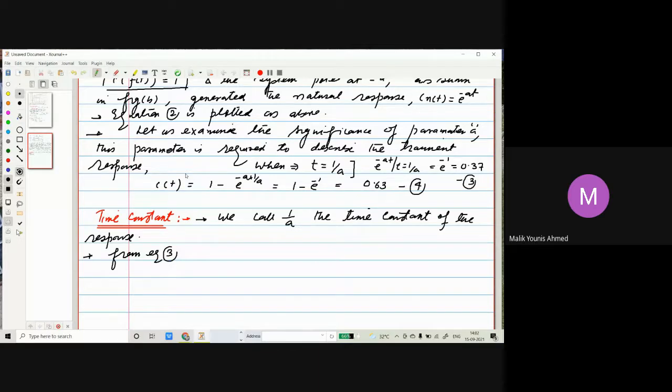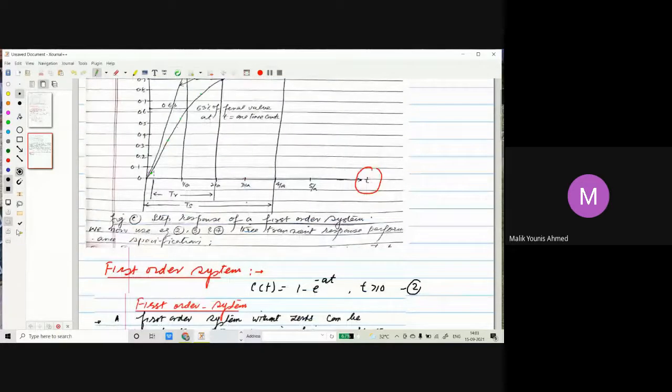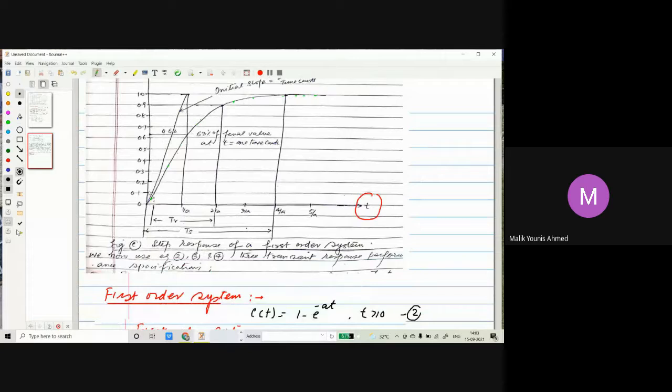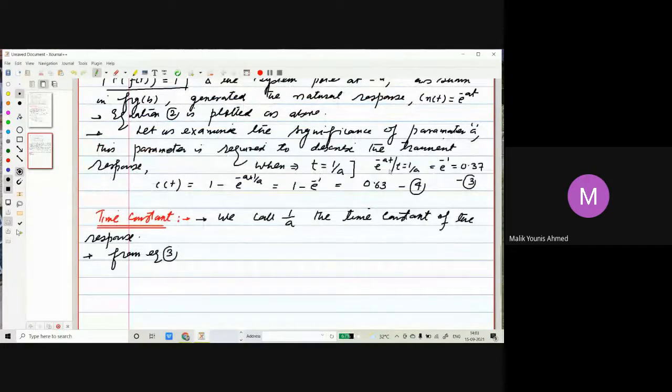The time constant can be described as the time for the response, e raised to the power minus At, to decay to 37% of the initial value. So this is the initial value. It will decay to 37% of the initial value, somewhere between 0.3 and 0.4. When we substitute t equal to 1 by A in e raised to the power minus At, we get 0.37.